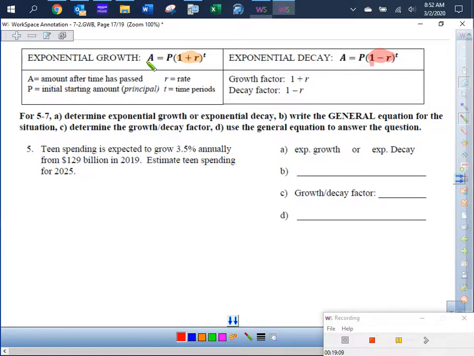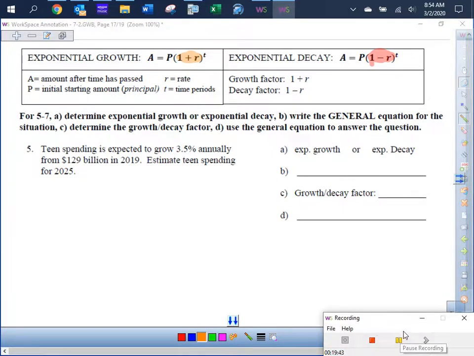A, I just call it some sort of amount after time has passed. Like you get an amount of money or an amount of whatever you're talking about. P, I call it principal. We're going to do a lot of money problems next class period. So principal is the initial starting amount. It doesn't have to be money, though. It's just whatever. And then R is some sort of rate, and T is the time in periods.